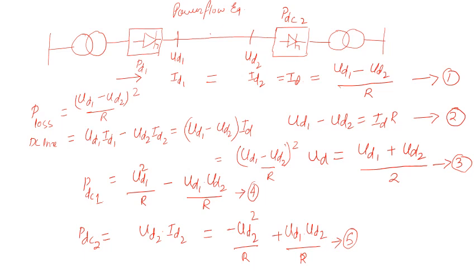If you see here, the power loss of the DC line is directly proportional to the square of the difference of the voltage. So if the difference increases, the power loss will increase. So you need to keep this difference constant if you want to keep the loss constant.